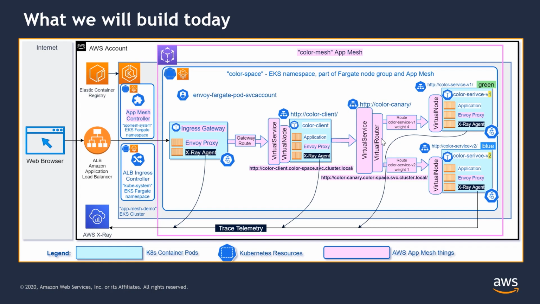Virtual services create an abstraction layer over virtual nodes and serve roughly the same purpose as Kubernetes services. Virtual routers are resources for routing and traffic shifting and are usually referenced by virtual services and gateway routes. Gateway routes are resources for routing external traffic from an ingress gateway to virtual services.